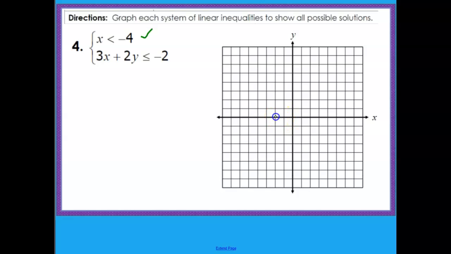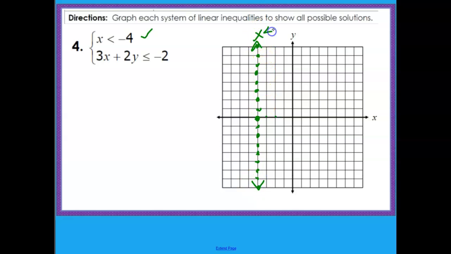So -4 on the X-axis, and you cannot touch the Y-axis, so this is an undefined line, right? Undefined line. Now technically it's supposed to be dashed. So I'm going to put a couple dots here all the way up and down so that it looks like it's dashed, and all of these X's are -4.